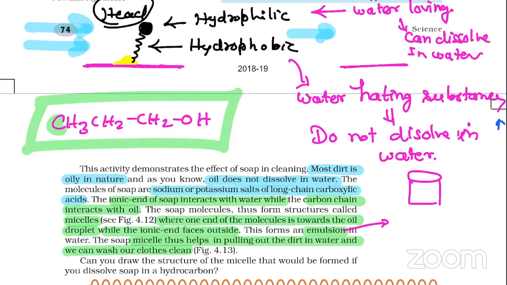Okay. How many allotropes of carbon are there? Can you name the allotropes? What are the names of these allotropes?